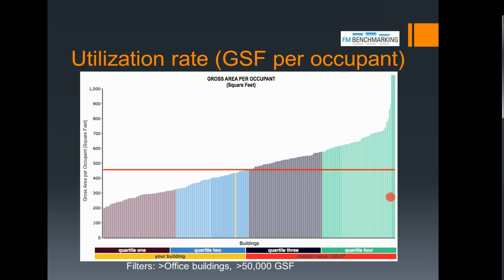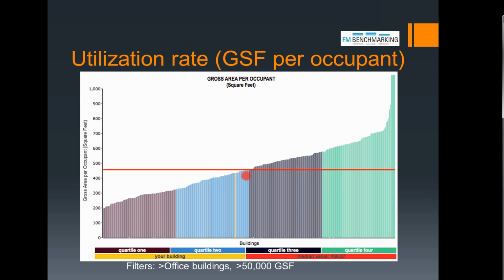And this one is probably not the last slide I should have put in the deck, but it's probably the one you should start with for most benchmarking analyses, in particular with office space. What's your utilization rate to the gross square feet per occupant? Because if you're in the fourth quartile in today's marketplace, it's really not the place to be.